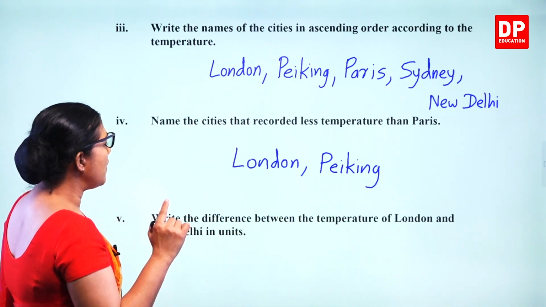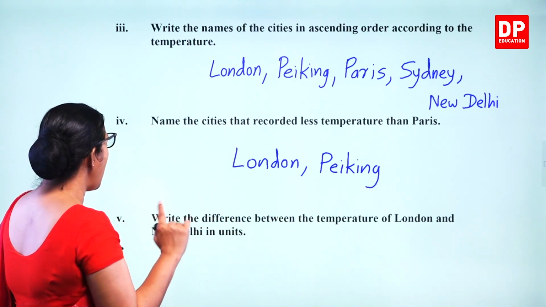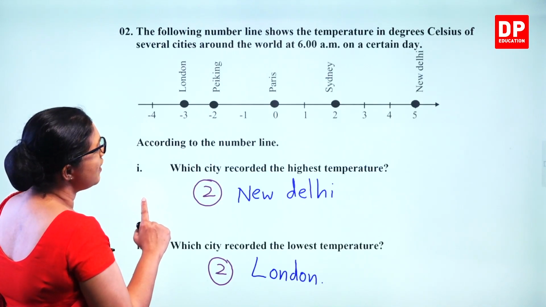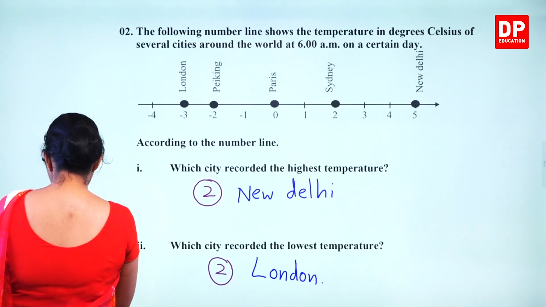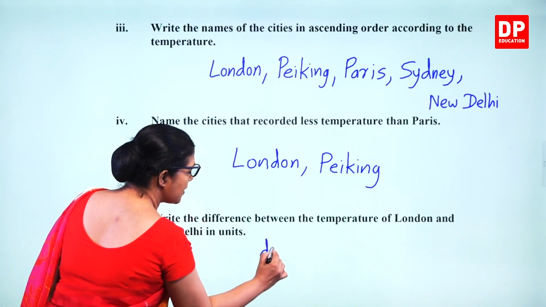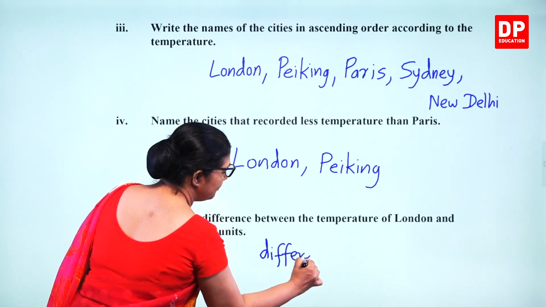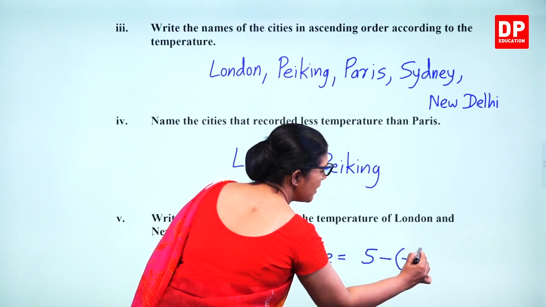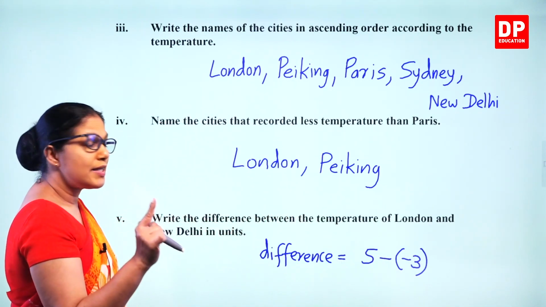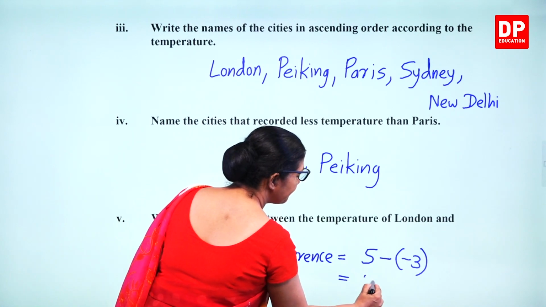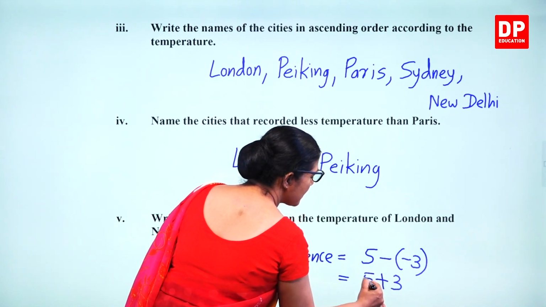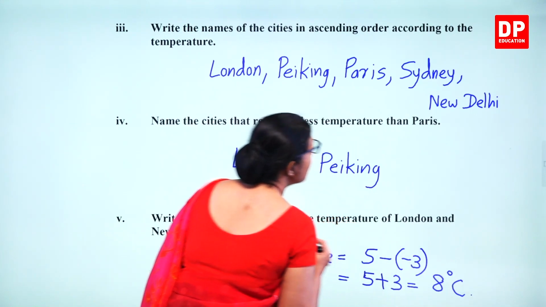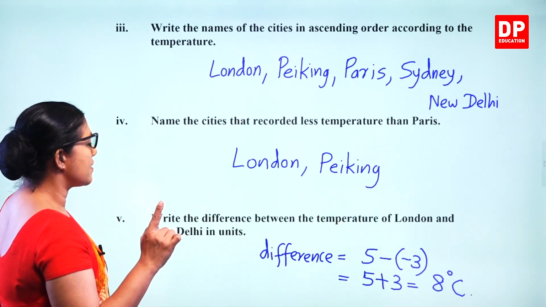Write the difference between the temperature of London and New Delhi in units. London -3, New Delhi 5. The difference. So difference is 5 minus -3. When you multiply minus minus, that becomes plus. 5 plus 3, that means 8 Celsius degrees.